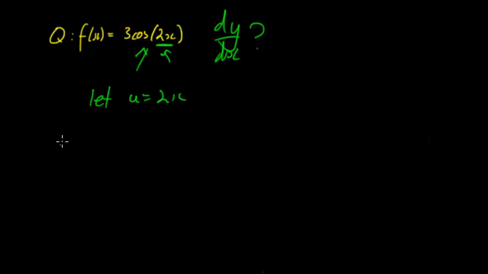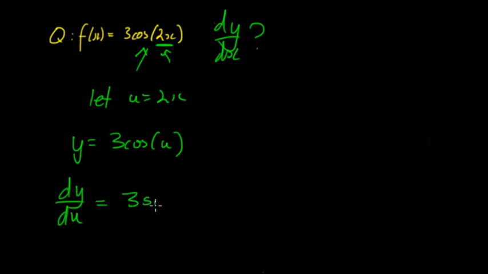So we let u equal 2x, and we get y is equal to 3 cos u. Then dy/du is equal to 3 sine u, because remember cos and sine swap. Then you have to put a negative sign because we started at cos. So 3 cos u changes to negative 3 sine u.